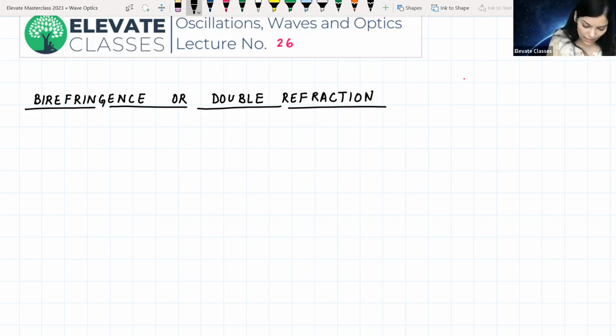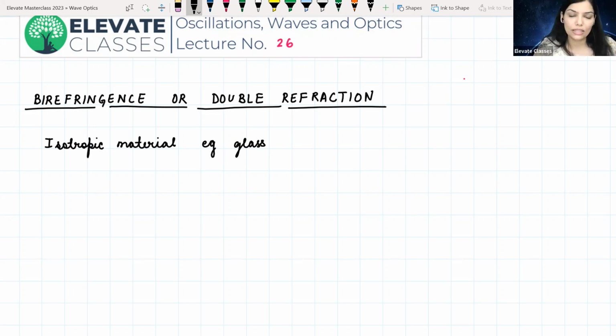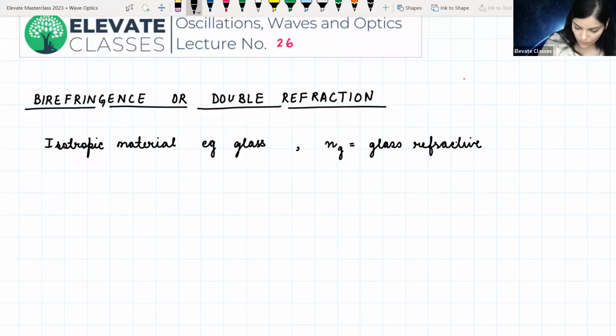So if I have an isotropic material, an example would be glass. Okay, जो normal glass होता है, it's an isotropic material. उसका जो भी refractive index होगा, refractive index of glass, this is going to be the same in all directions.